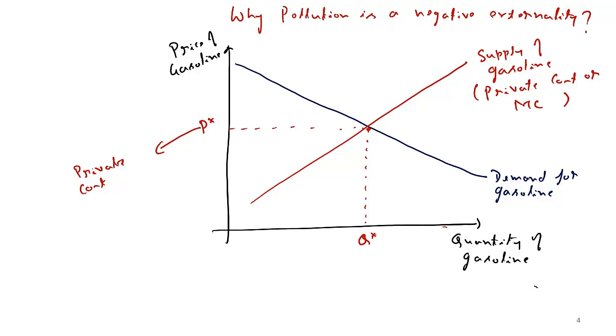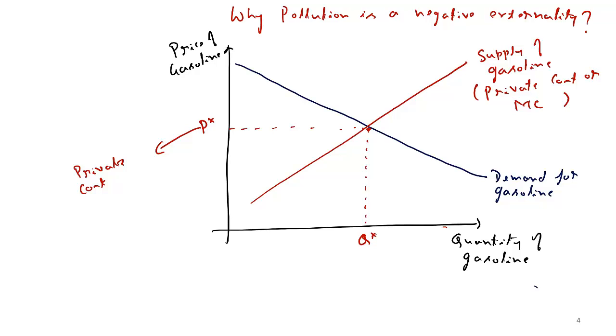Now, obviously, we all know the actual cost to the society for having gasoline powered cars or use of more gasoline is much higher, because there are people who are affected, not intentionally but unintentionally. So the actual cost to the society is higher.